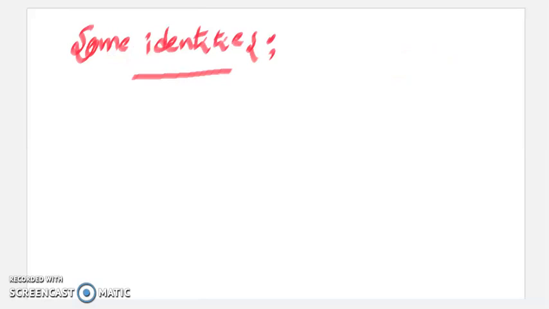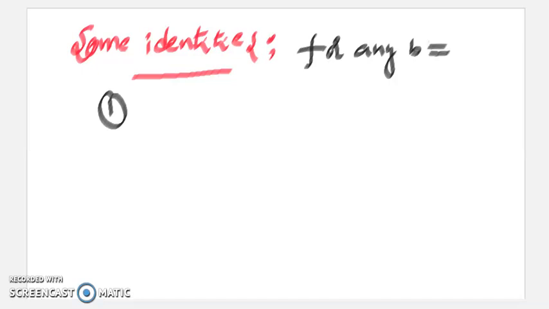What are the identities in logarithms? First identity is, for any base b, what is the nature of base b here? Base b is not equal to 1 and must be greater than 0. This is the nature of the base.